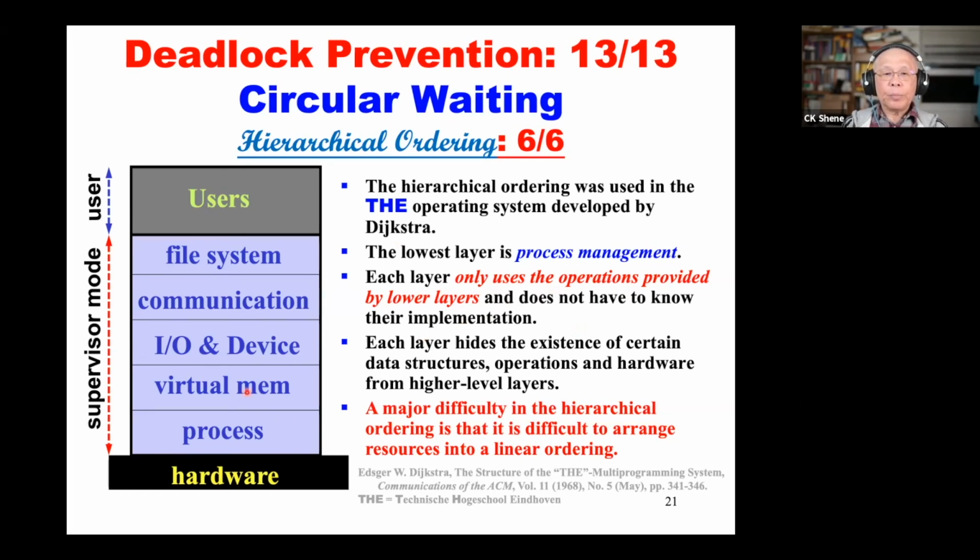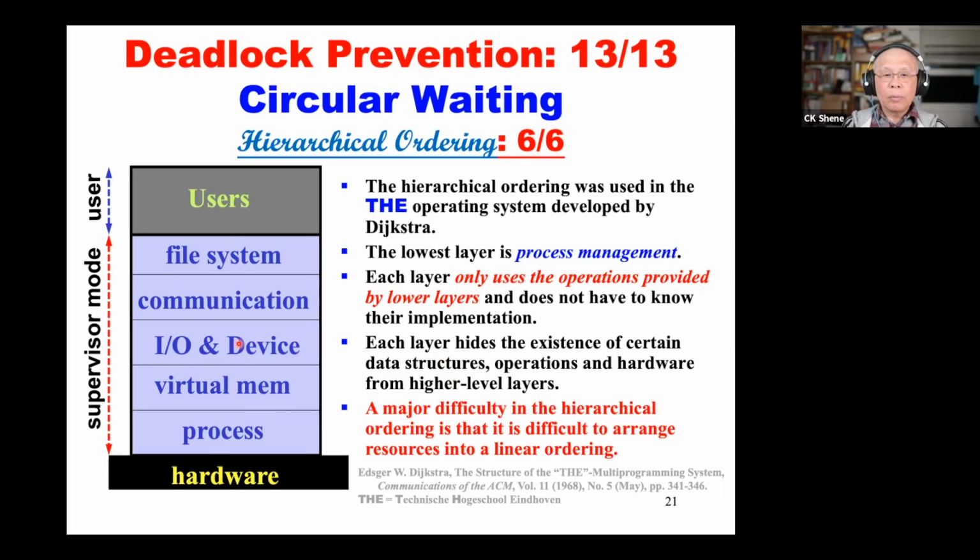For example, the programs implementing the virtual memory layer can only use the functionality provided by the process layer. The virtual memory layer cannot use anything provided by the I/O and device communication and file system. So each layer hides the existence of certain data structures, operations, and the hardware from higher level layers.